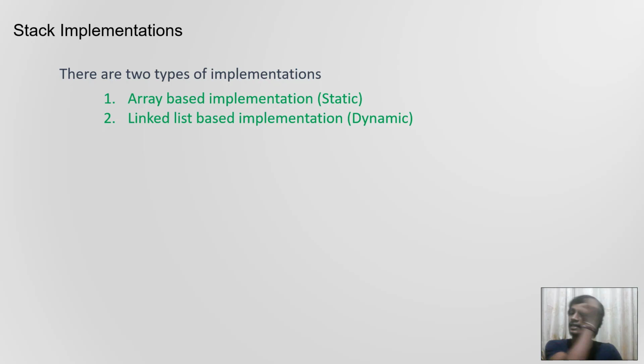You have learned array is a static data type, which means we can't change the maximum size of the array at the execution period or runtime. That is why we call it a static data structure. So we can make our stack by using arrays, and then our stack will be static.